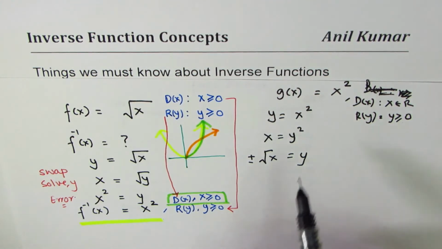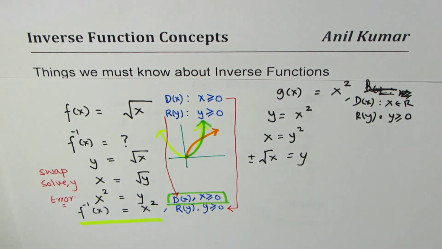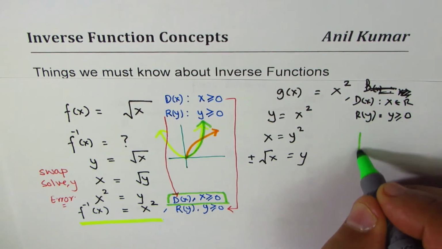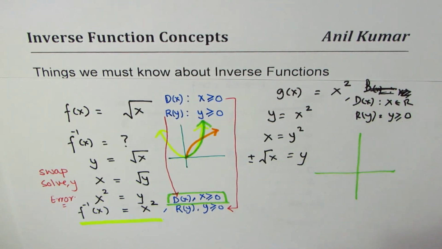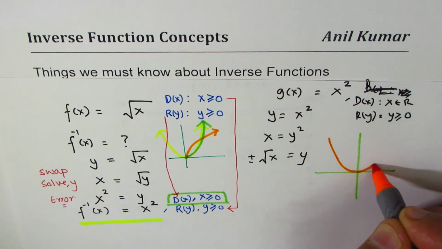Now, not just square root, right? So, as you can see here, if I sketch this function, let us say if I sketch the function x square, it is kind of like this, right?